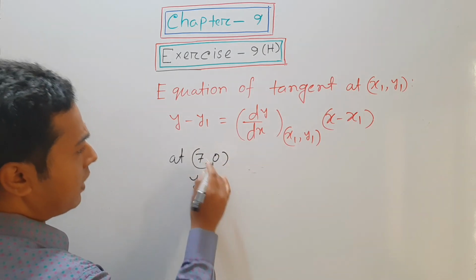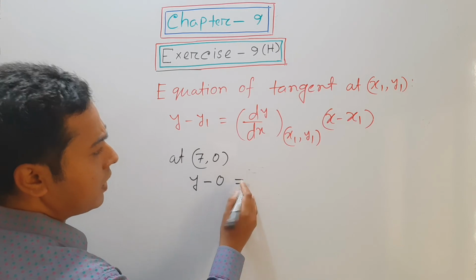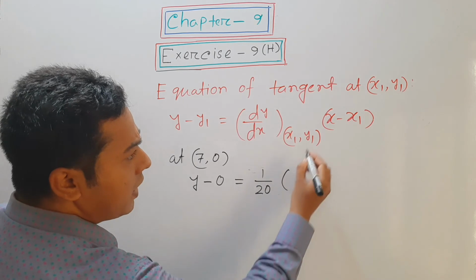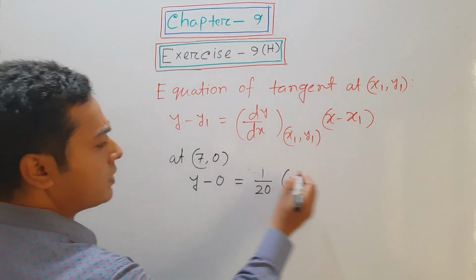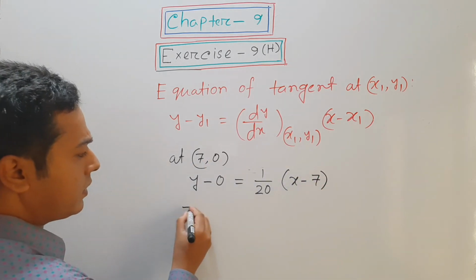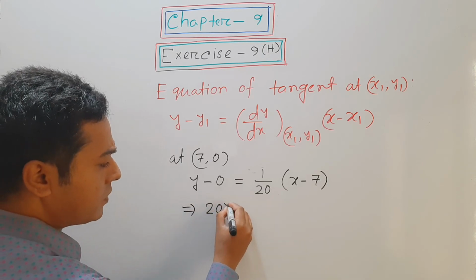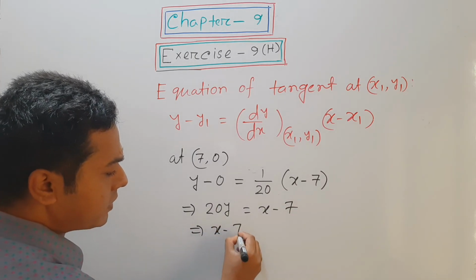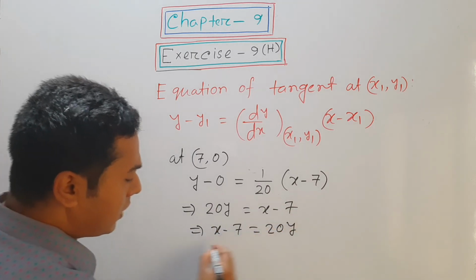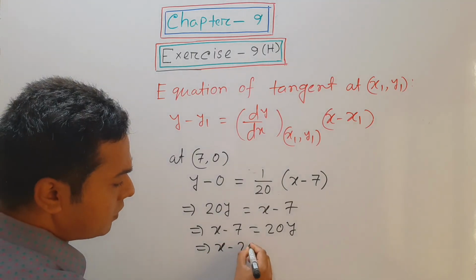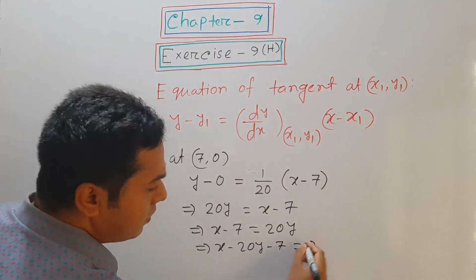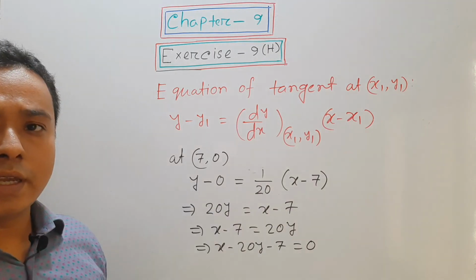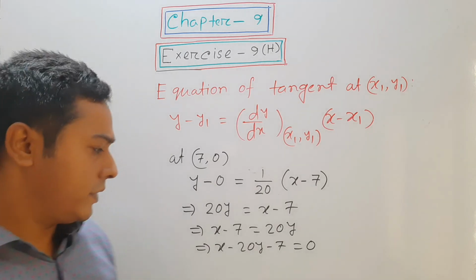So y minus y1 is equal to 0 and this value is equal to 1 by 20 and x minus x1 is equal to 7. Then multiplication of this, 20y is equal to x minus 7, then x minus 20y minus 7 is equal to 0. This is the equation of tangent at 7, 0.